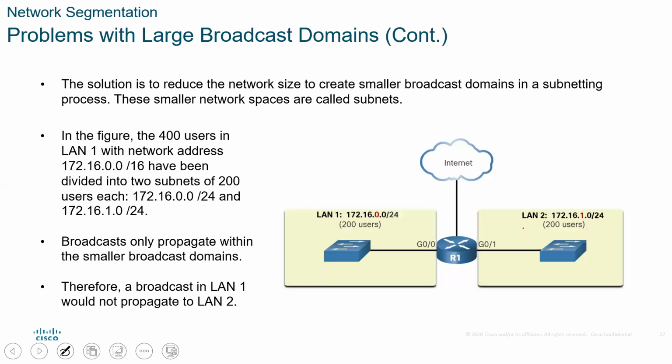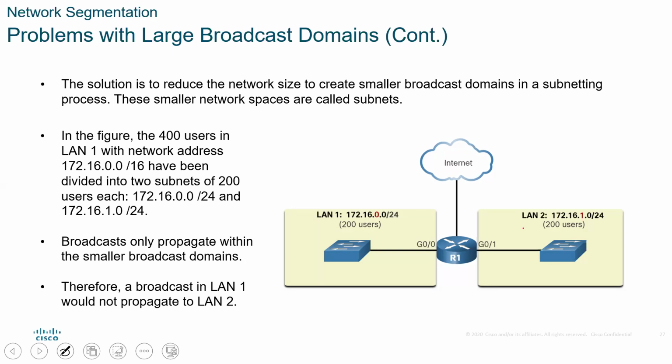So the solution to this problem, instead of having all 400 users in one network, is to segment it, separate it. Instead of 400, you will have 200. This solution is called subnetting, right?